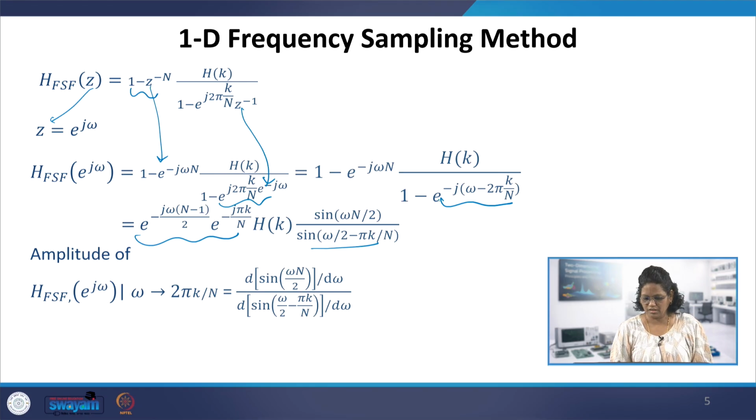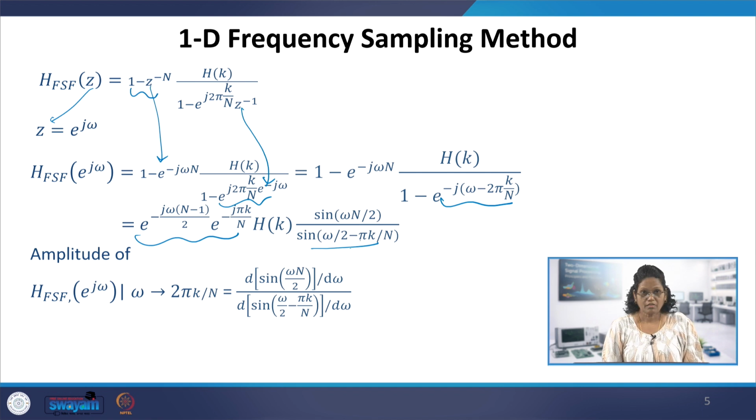Here we can also simplify it using sine and cos, writing it like cos of omega minus 2 pi k by n minus j sine 2 pi k by n. So we can get these terms cancelled and we have sine by sine terms. This is the simplification of the frequency sampling filter, and for the amplitude of it, we take this term alone and find out omega equal to 2 pi k by n.